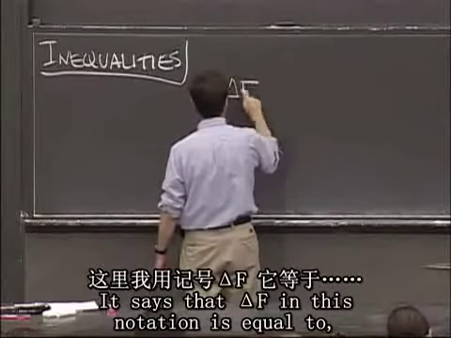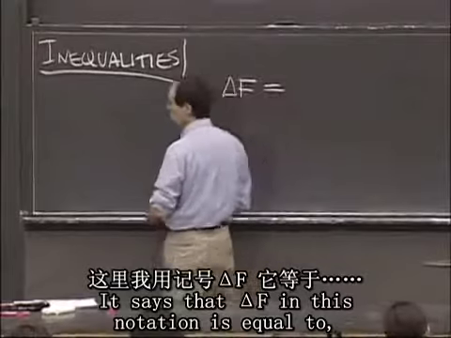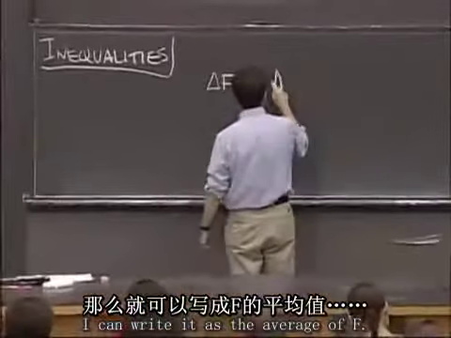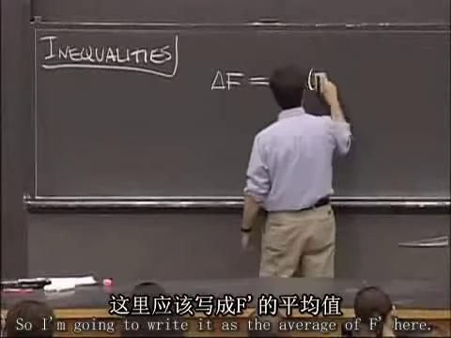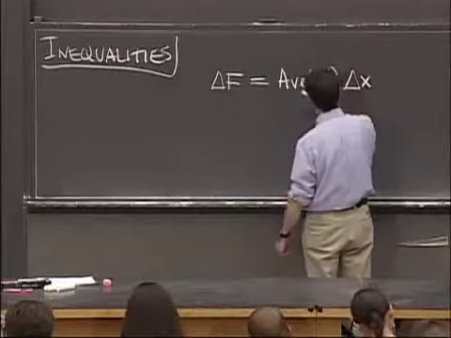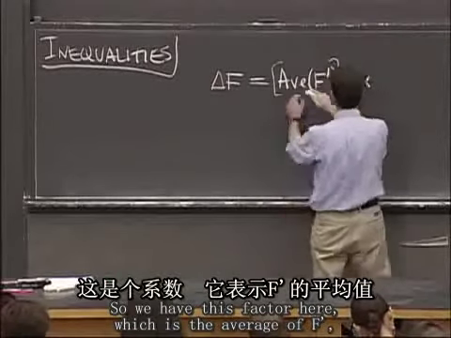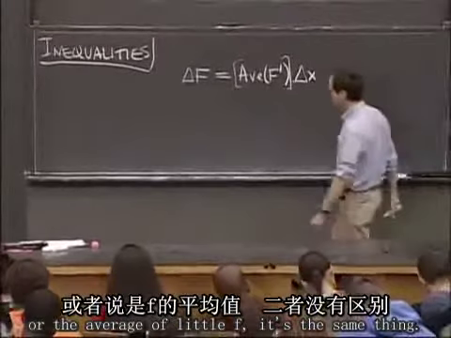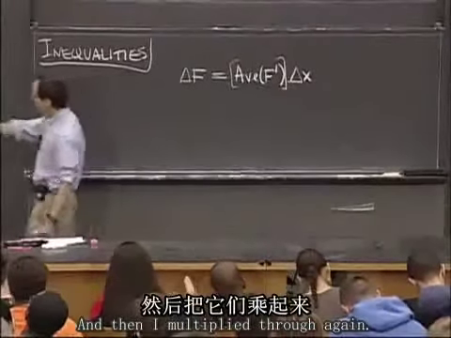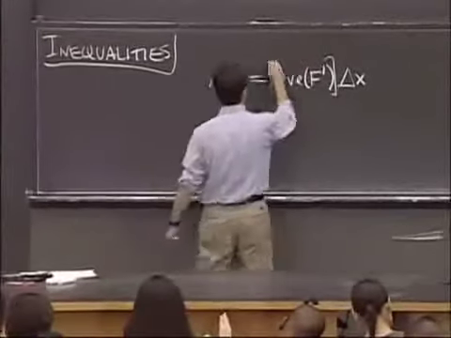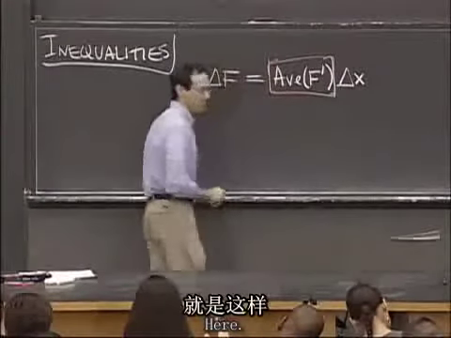It says that delta F in this notation is equal to, well, if I multiply by delta x again, I can write it as the average of f prime here times delta x. All right? So we have this factor here, which is the average of f prime, or the average of little f. It's the same thing. And then I multiplied through again. So I put the thing in the red box, right, here.